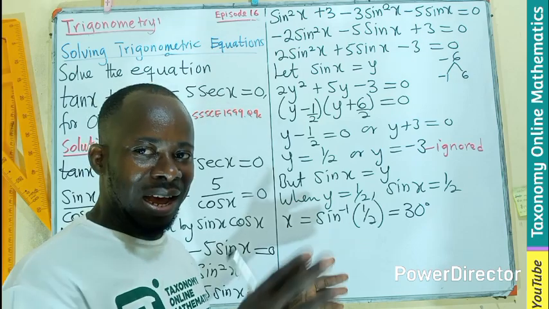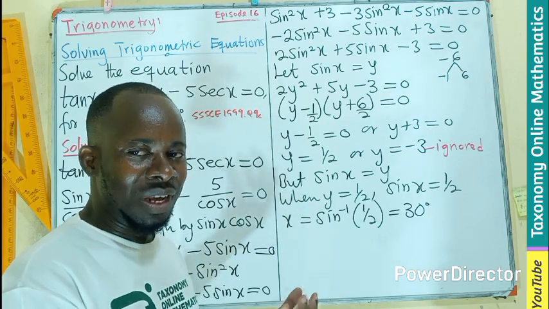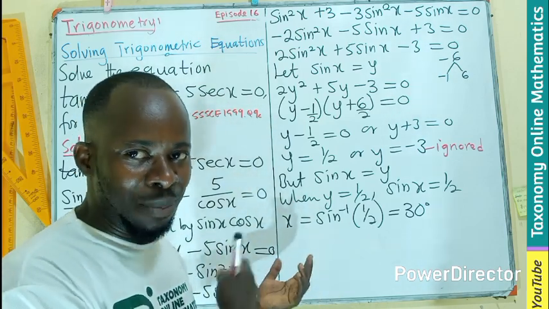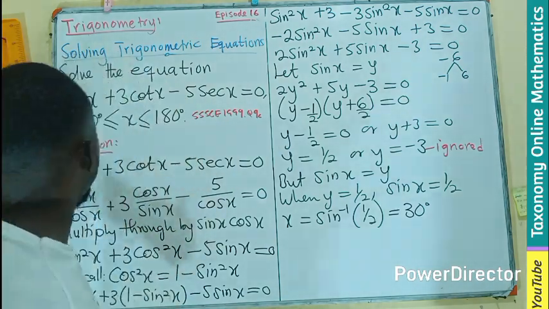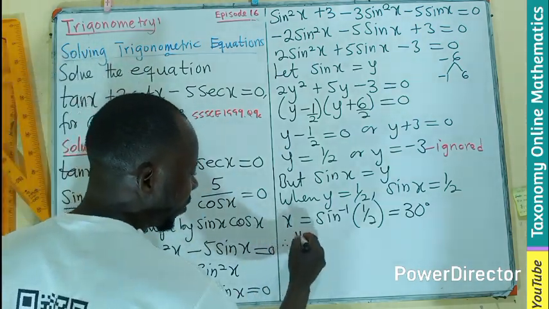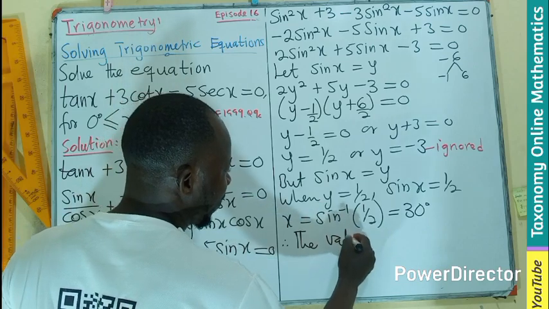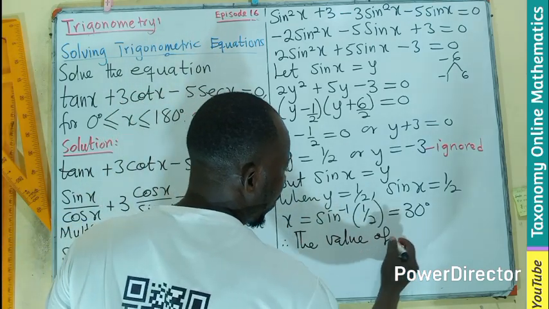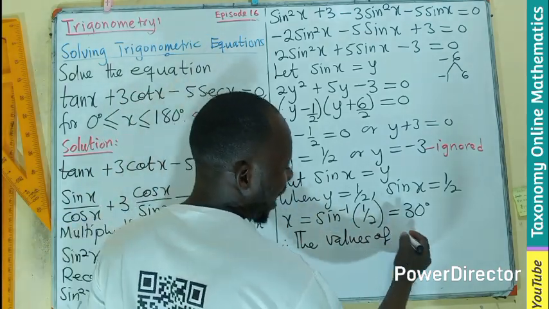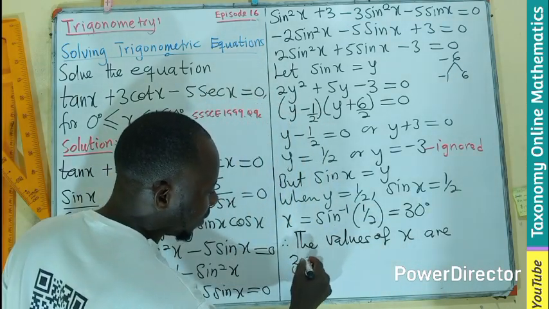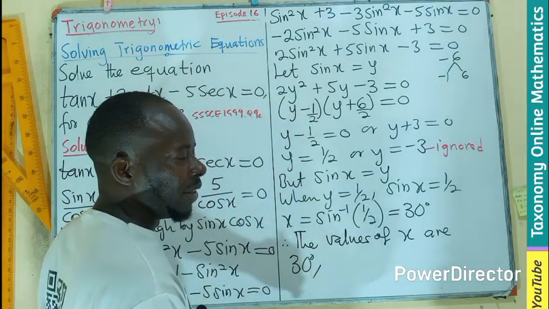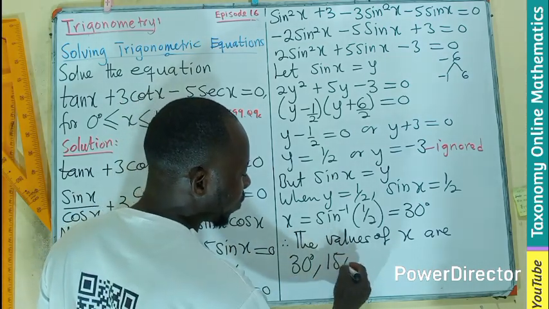I've done how we can find that using the formula in the previous episode, so I'm just going straight to give the answer. Therefore, the values of x are going to be 30 degrees. 180 minus 30 is what?